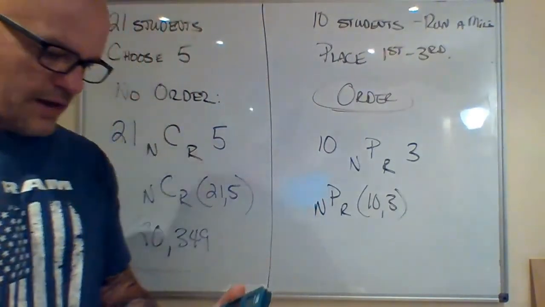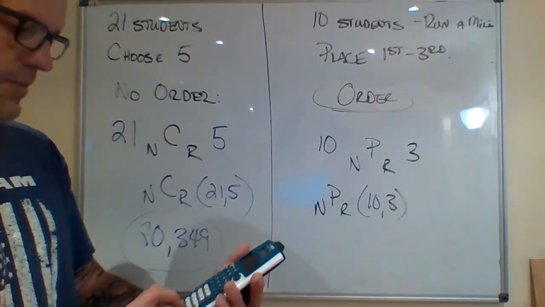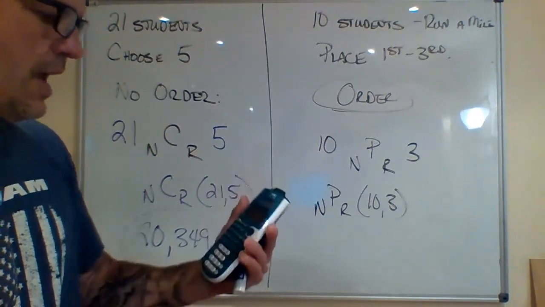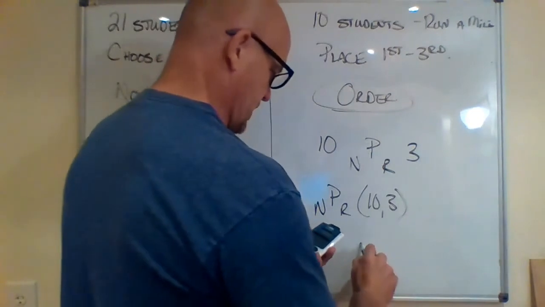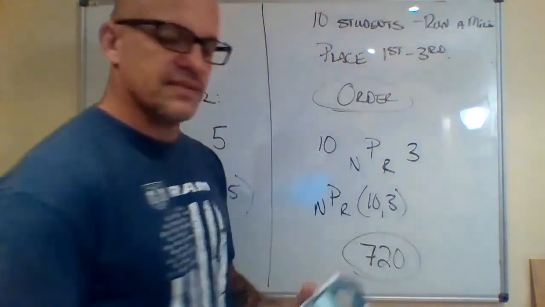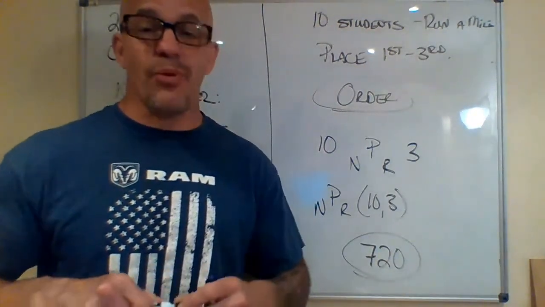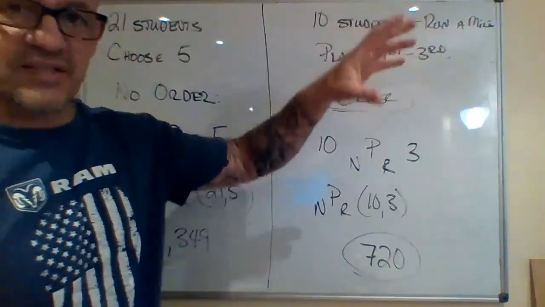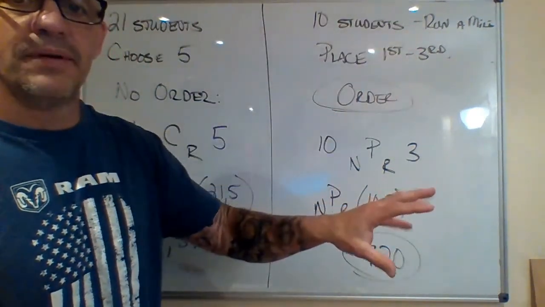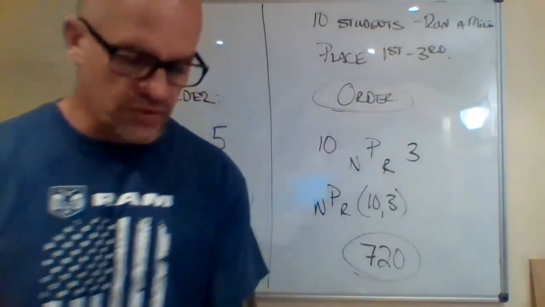We go to our calculator or to Desmos and type that in, and I'm going to wind up with 720 choices, or different ways that can work out. You get a lot of choices out of just placing 3 people out of 10 because you can rearrange those 3 and get different sets. That's why your number of choices pops up.